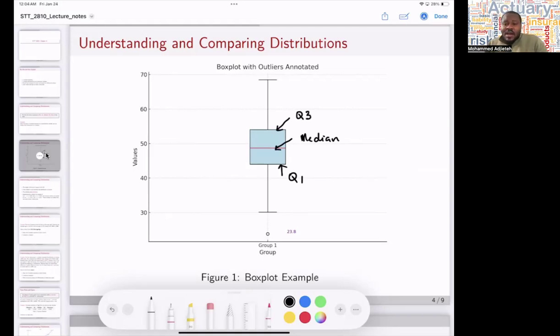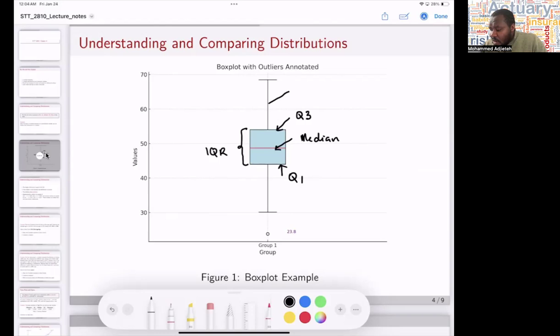So anytime you have a box plot, you should be able to identify these first three. And also know that the length of this box here is the interquartile range, the IQR. Remember, we said the IQR is Q3 minus Q1. So just know that the length of this box here is the IQR.